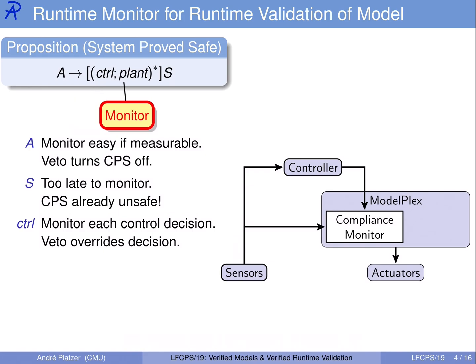So how do we monitor the plant? Ooh, that's somehow difficult, right? Because we can, of course, stare at, say, the differential equations in the plant model and feel good about it, but then in reality, we can observe what physics does to us.